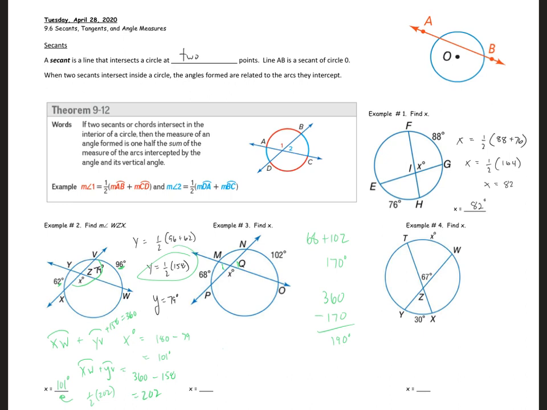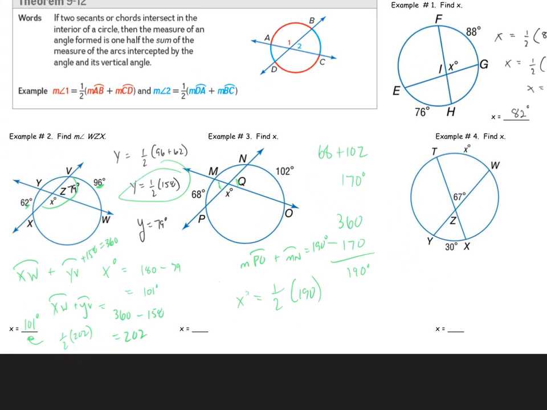So that means the measure of arc PO plus arc MN is equal to 190. So half of 190. And when we do that, x degrees is equal to 95 degrees.